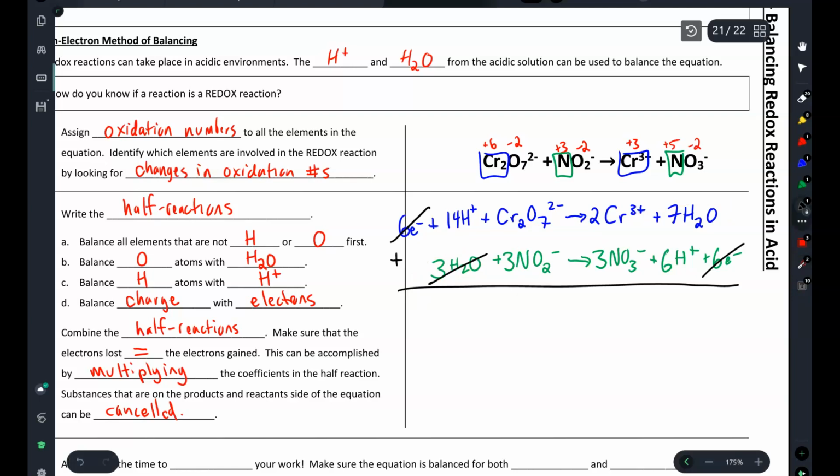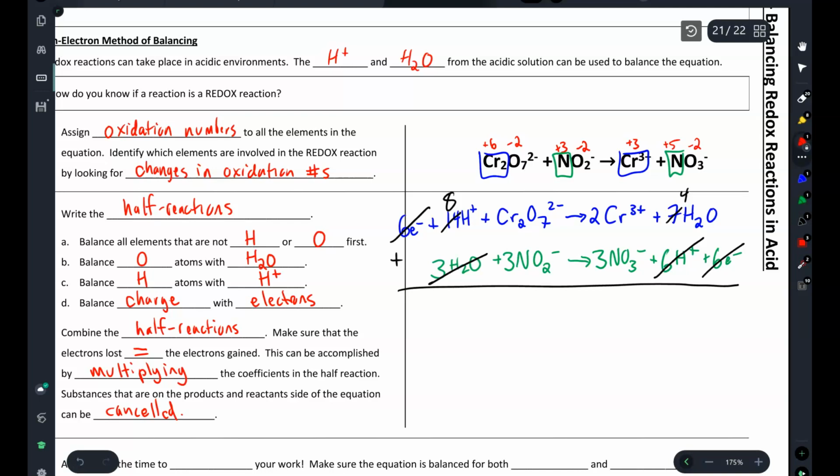So that's a net of 4 over on the products. I can do the same thing with the hydrogen ions. I've got 6 on the product side. I've got 14 on the reactant side. So that's going to wipe out all the hydrogen ions on the product side and give me a total of 8 H pluses on the reactants. I think that's all the simplification we can do.